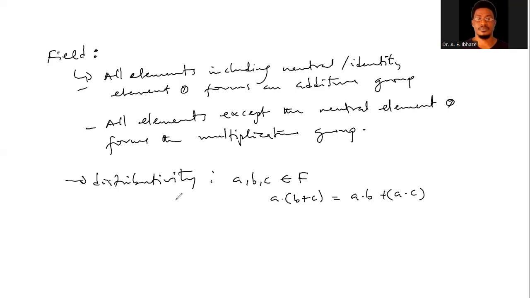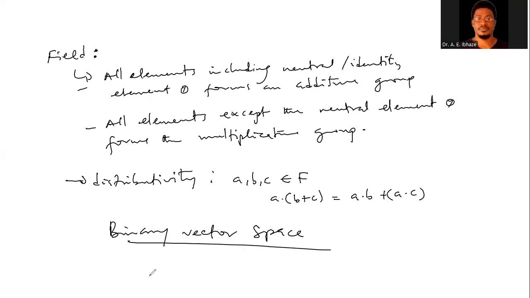Now, how do we perform all of these addition, subtraction when it comes to coding? We have been able to establish that we are dealing with polynomials, but our emphasis here is on binary vector space. Okay?